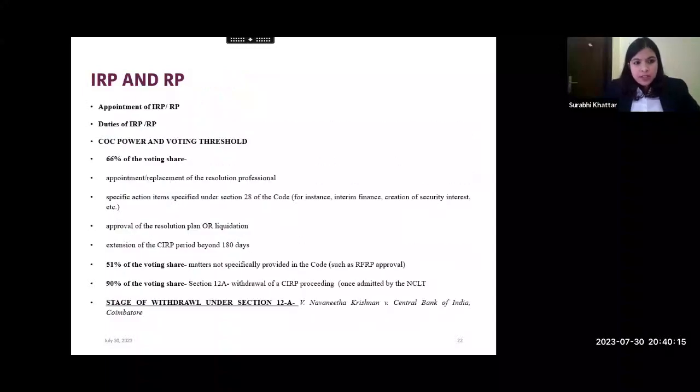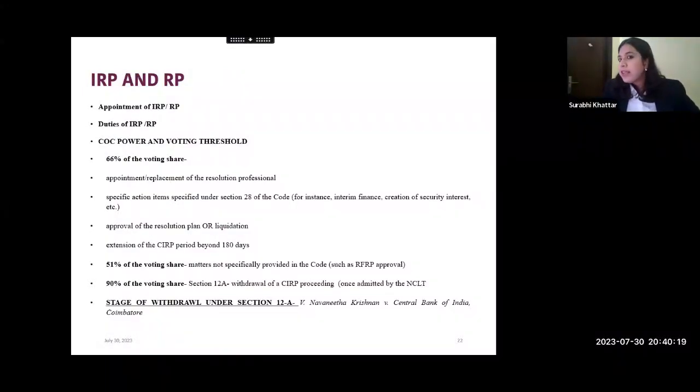Another important stage that needs to be considered, and on this courts have been quite liberal, is Section 12A of the Insolvency and Bankruptcy Code. Section 12A essentially provides that the CIRP, even after admission under Section 7, 9, or 10, can be withdrawn if 90% of the COC is satisfied.